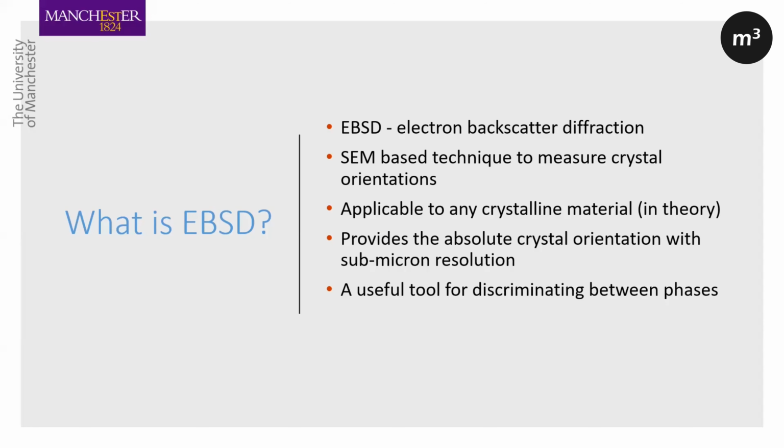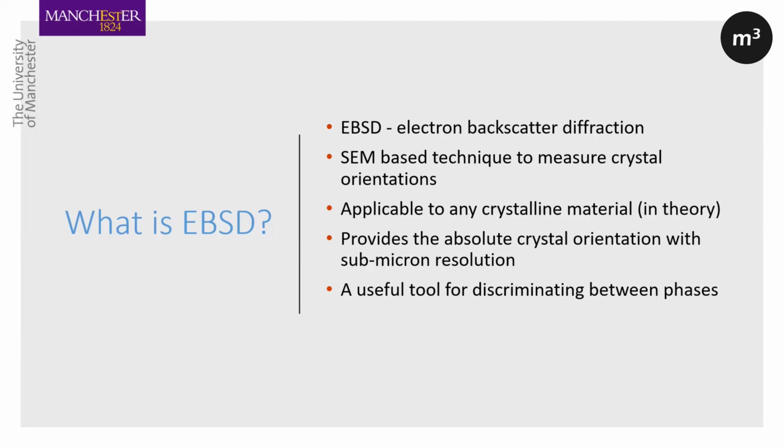So to start off, I just want to give a brief background about EBSD, which stands for Electron Backscatter Diffraction. It's an SEM-based technique to measure crystal orientations, and it's applicable to crystalline materials in theory, because, well, you can sort of deduce something about amorphous materials that are not crystalline, but some crystalline materials are so fine that the beam interaction volume is so large compared to the grain size that it can seem amorphous.